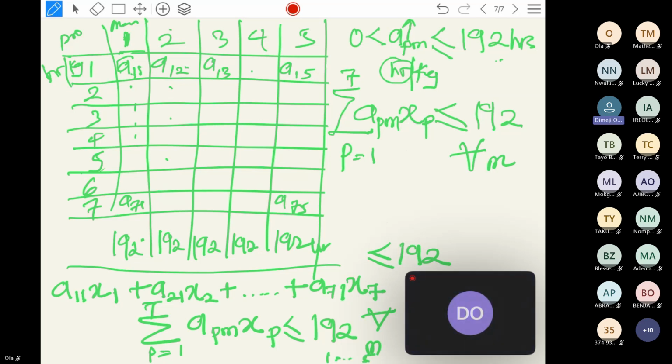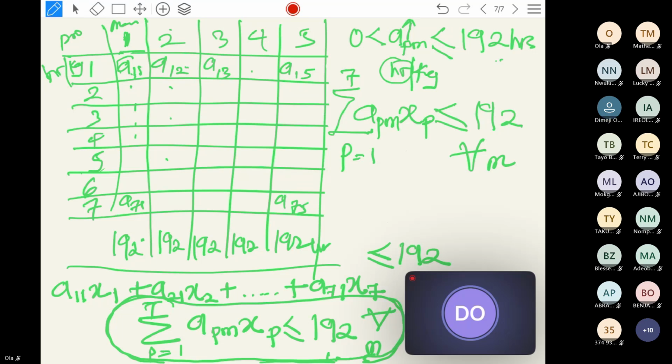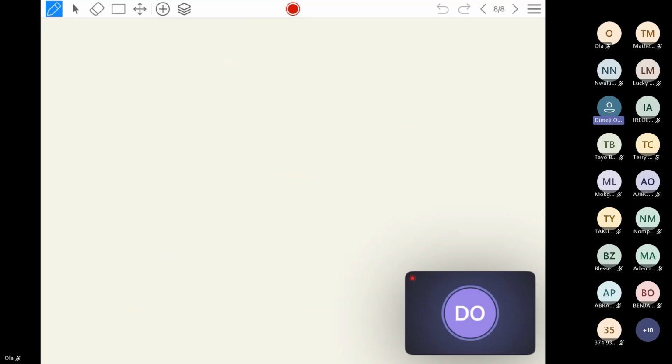So with this, you have been able to compress the 5 equations into one. So these are the 2 constraints that we're going to have, and once we have the optimization model complete, we can now solve it.